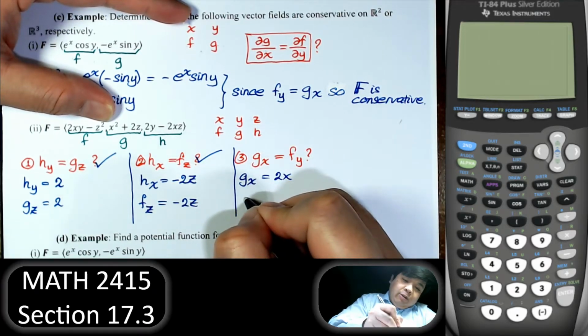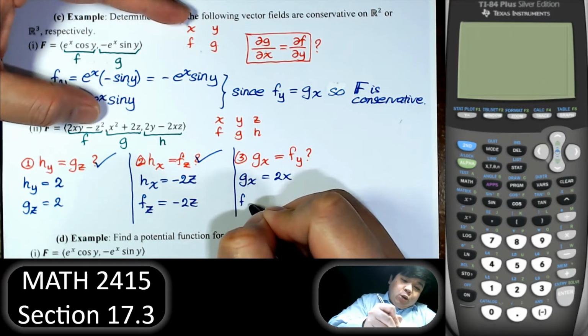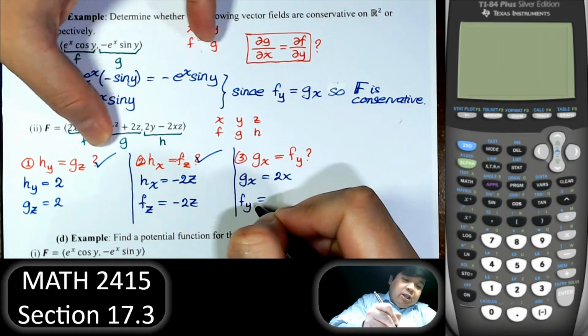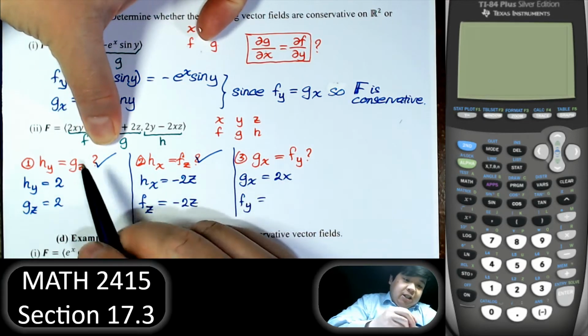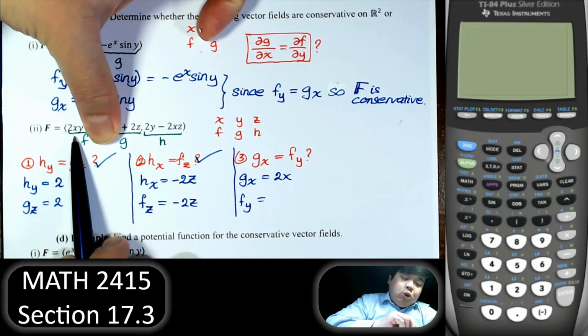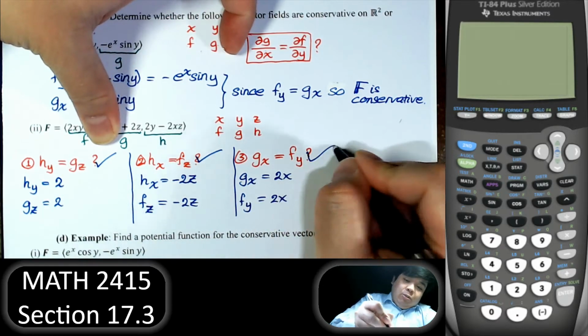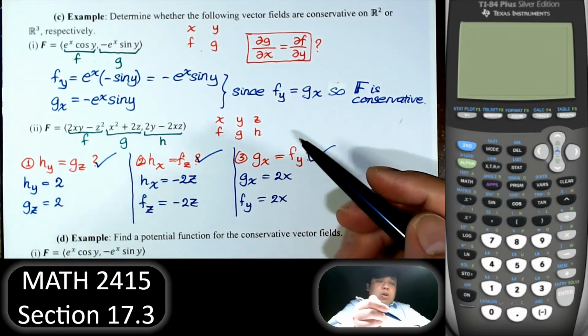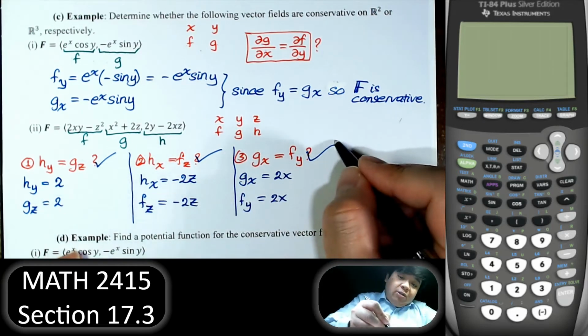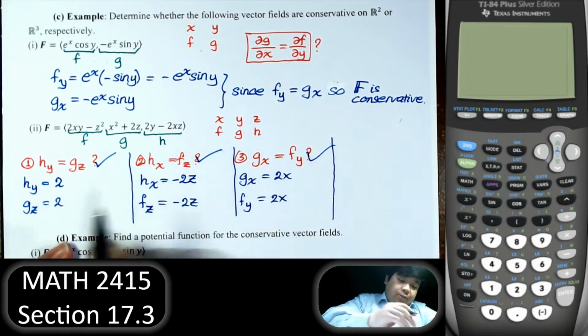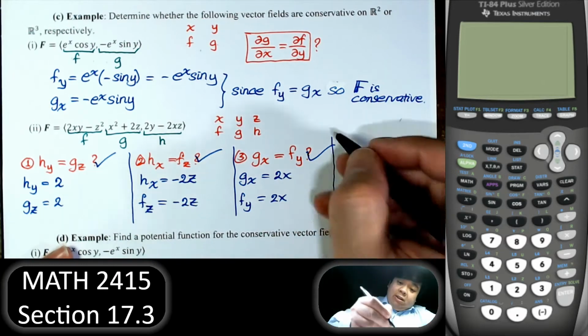And derivative of f with respect to y, z is a constant, so that doesn't matter. Derivative of 2xy with respect to y is 2x, and that is equal also. So those three criteria are satisfied, so we say the vector field is conservative.